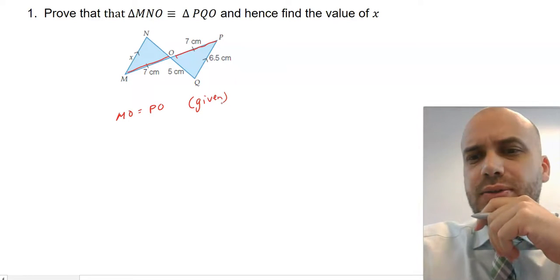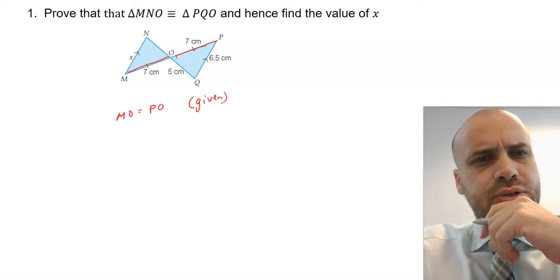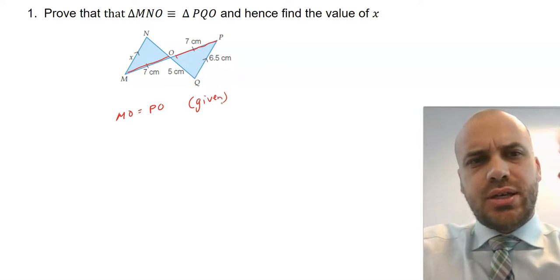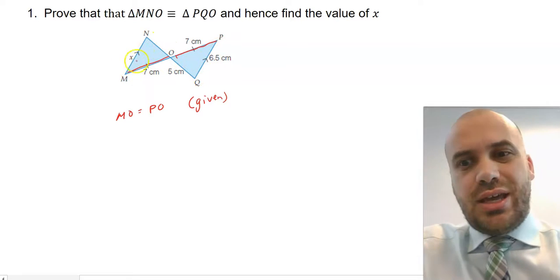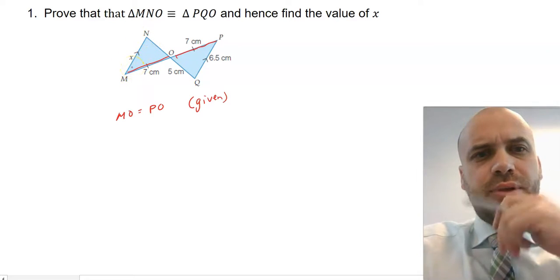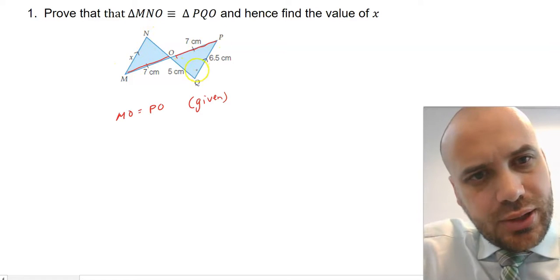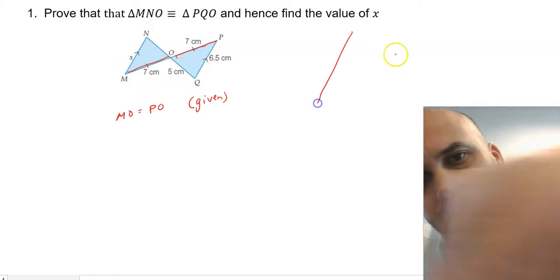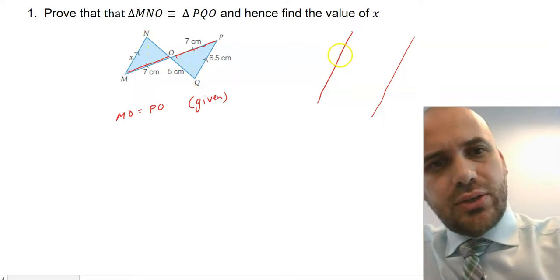Now, after that, we get a little bit stuck, right? Because I can't see any other angles there. I see a 5 here and a 6.5 here, but I don't see any number here. And this is just X, an unknown. So I'm going to have to dig a little deeper here. And the trick is that these are parallel lines. Alright, so parallel lines. And then let's do this NQ like this.